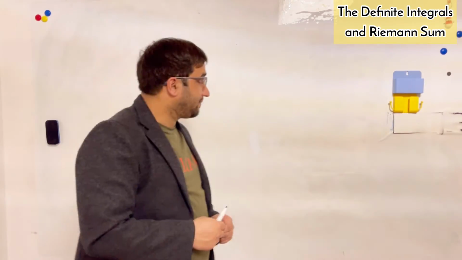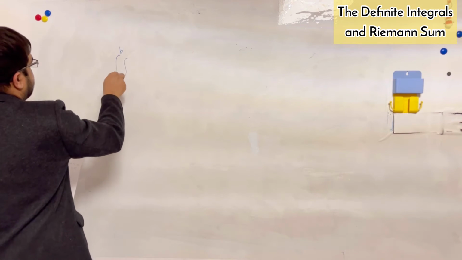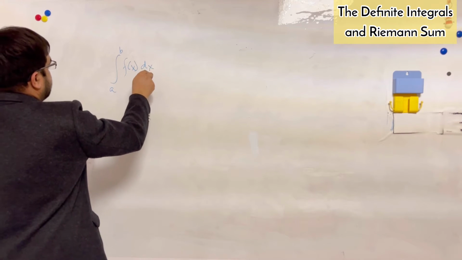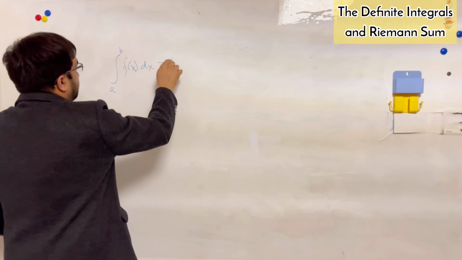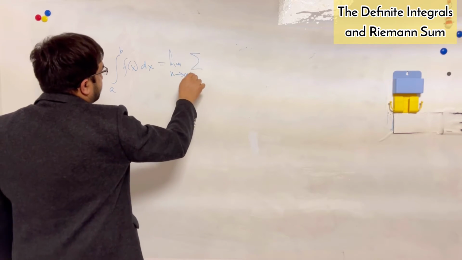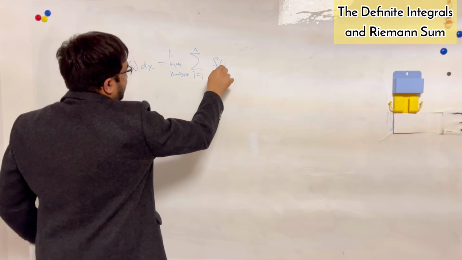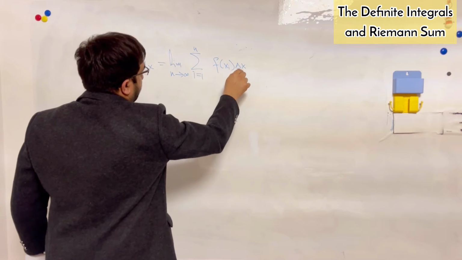So in general, just remember that the integral from a to b of f of x dx is equal to the limit as n approaches infinity of the summation i from 1 to n of f of xi delta x.